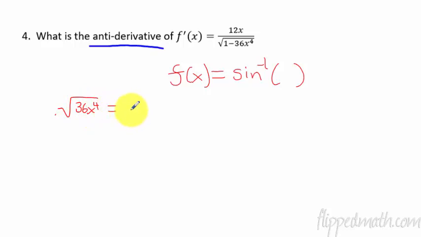The square root of that is 6x squared. So this is probably 6x squared, and then we can check by seeing if the chain rule was in effect. What's the derivative of 6x squared? That would be 12x. So you can see this works. If you take the derivative of sine inverse of 6x squared, it gets you this thing, because the chain rule would then be 12x on top.